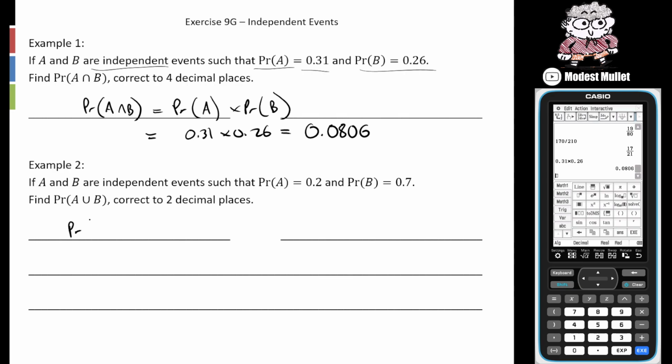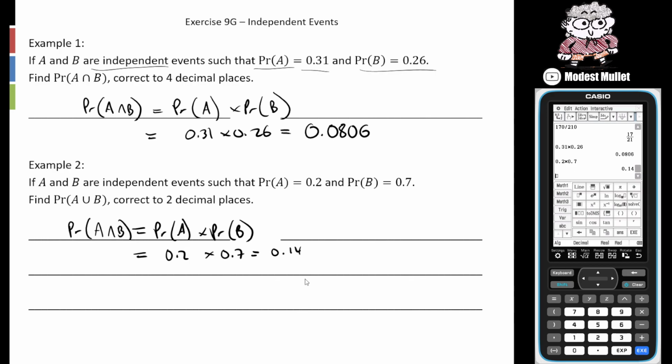Okay, so probability of A intersect B is just equal to probability of A times by probability of B, since we're told they're independent. So 0.2 by 0.7, which should be 0.14.